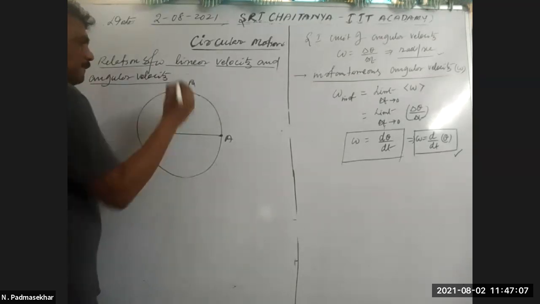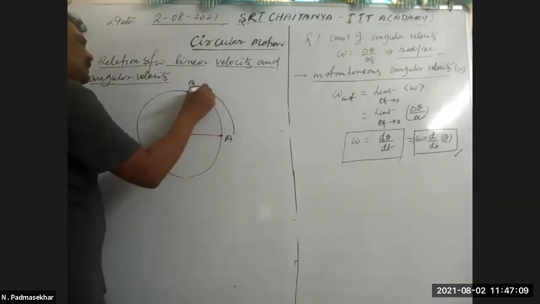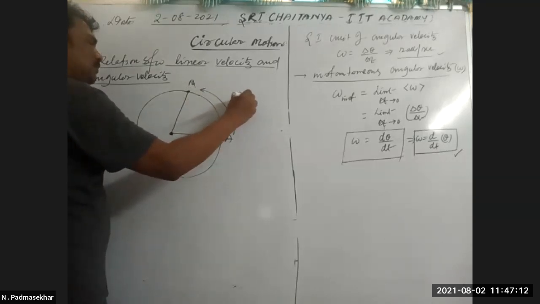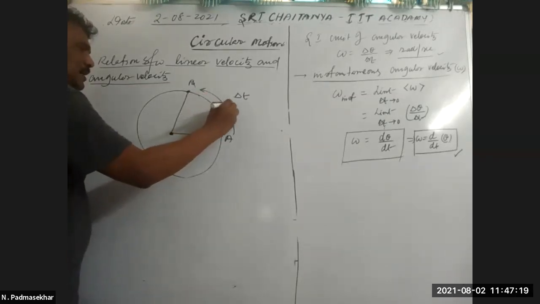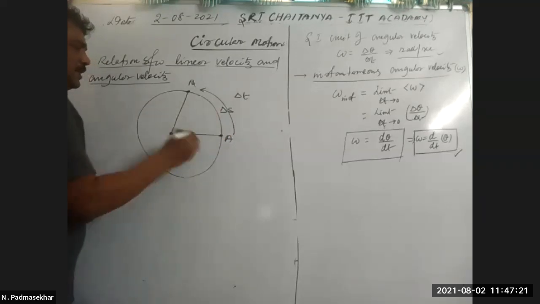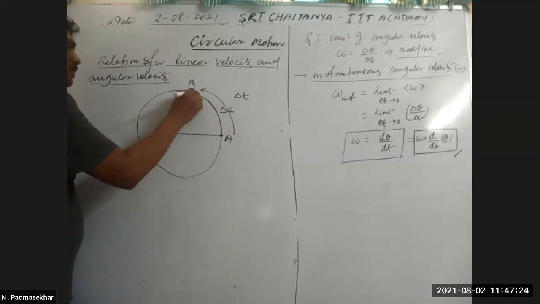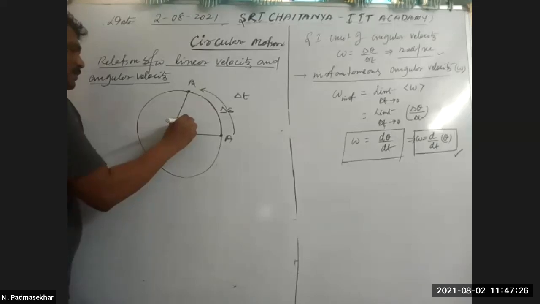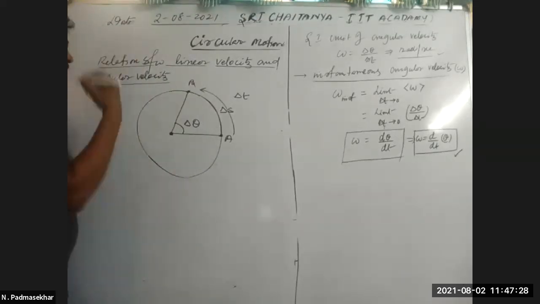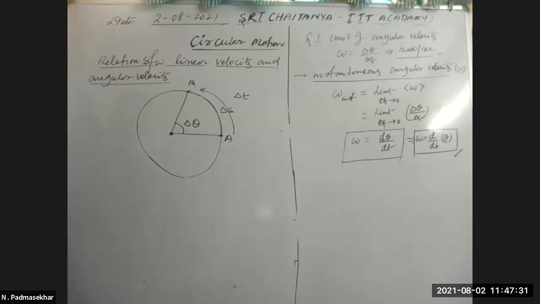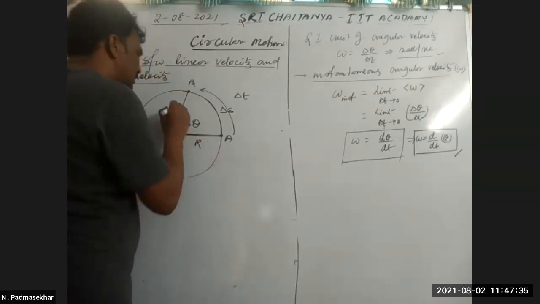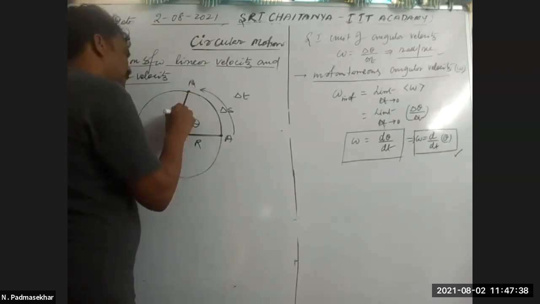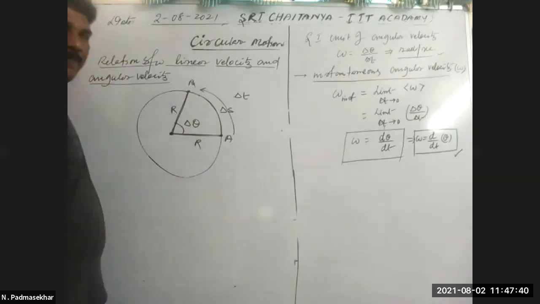This is B, and from A to B it takes time delta t. This is delta S, the displacement from A to B, and here the angular displacement is delta theta. This is the radius R.